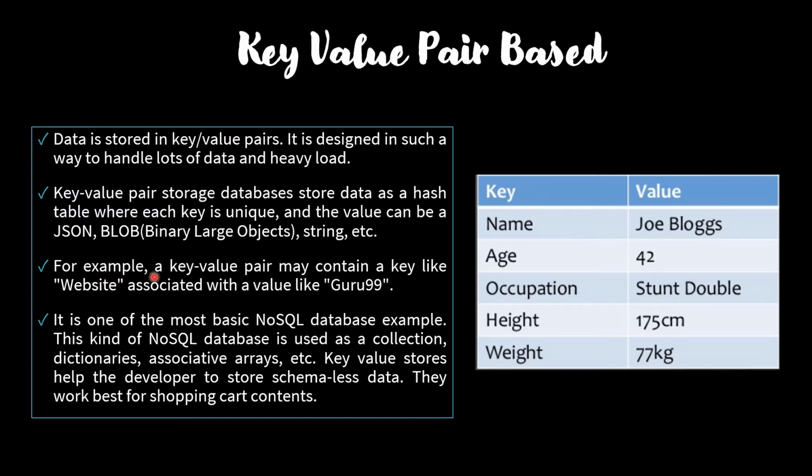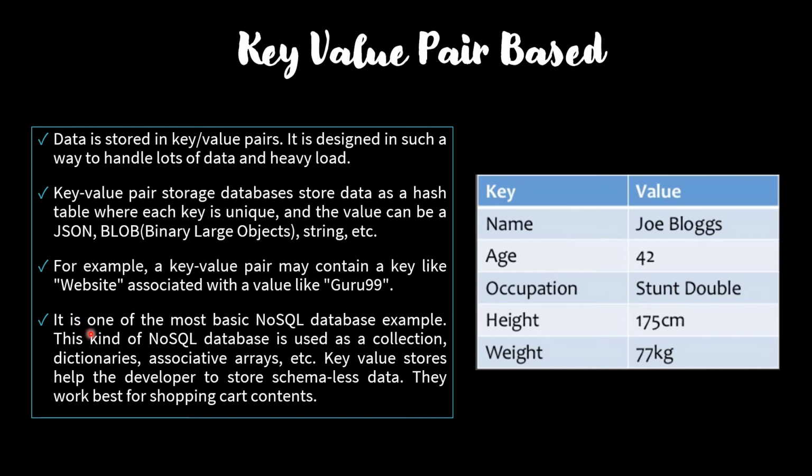For example, a key value pair may contain a key like website associated with a value like Guru99. So we might want to assign a unique key.